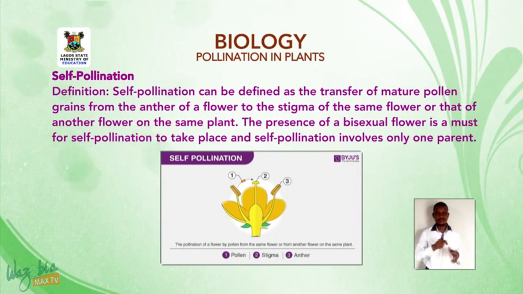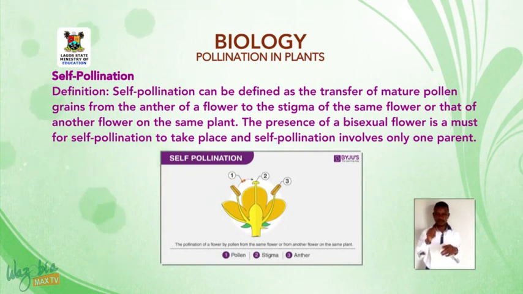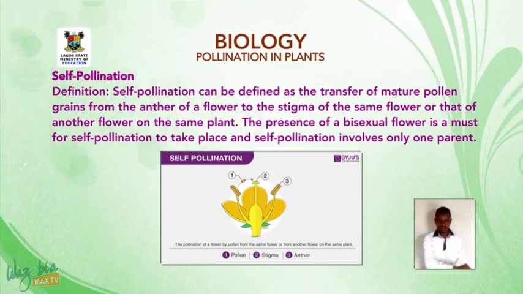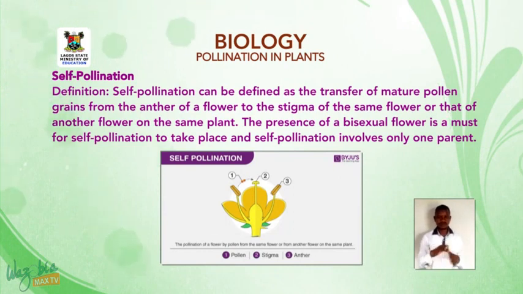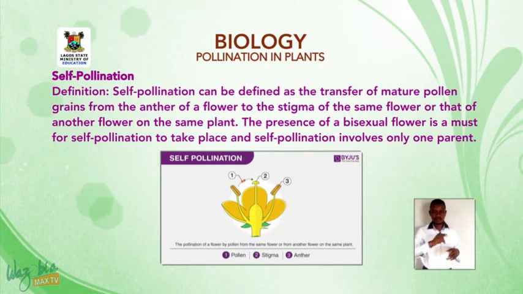Self-pollination can be defined as the transfer of mature pollen grains from the anther of a flower to the stigma of the same flower or that of another flower on the same plant. The presence of a bisexual flower is a must for self-pollination to take place, and self-pollination involves only one parent.